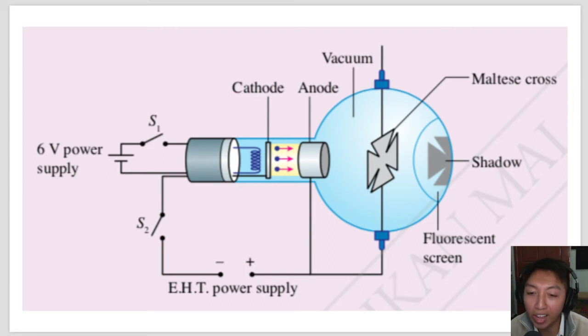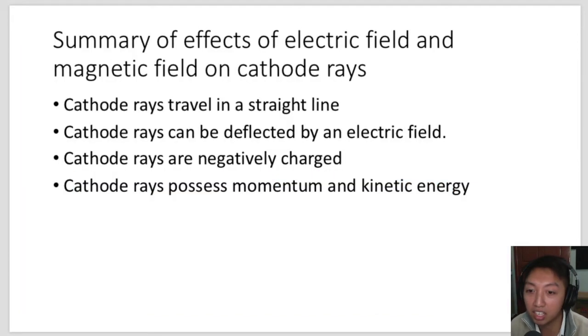Because when we shoot the cathode rays at the fluorescent screen, it starts to glow. So from that we can tell that there's energy, there's momentum, and there's kinetic energy from the cathode rays.